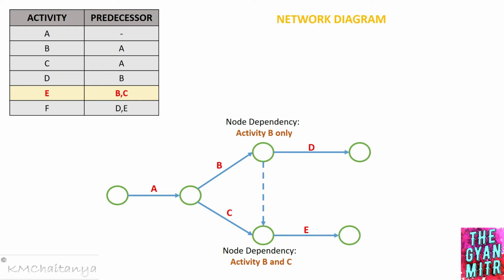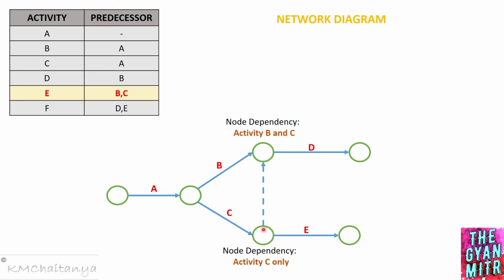Now we'll take up the second condition, wherein we have the dummy activity flowing from activity C to activity B. What is happening over here?